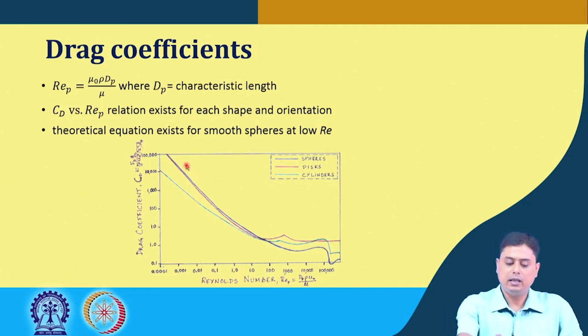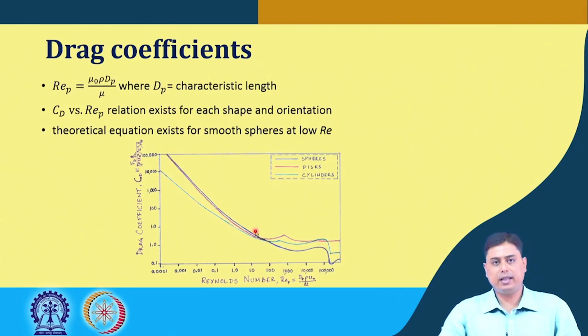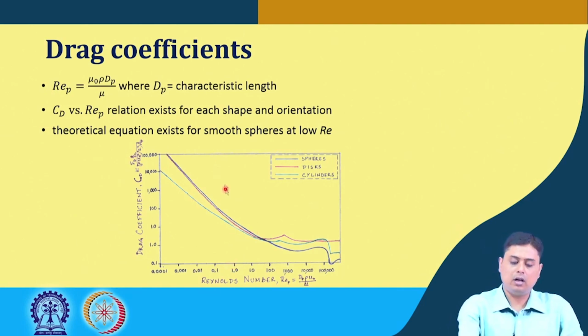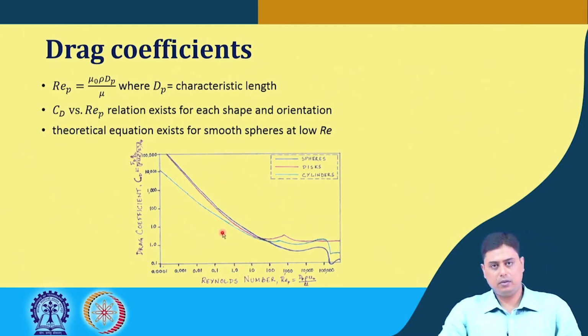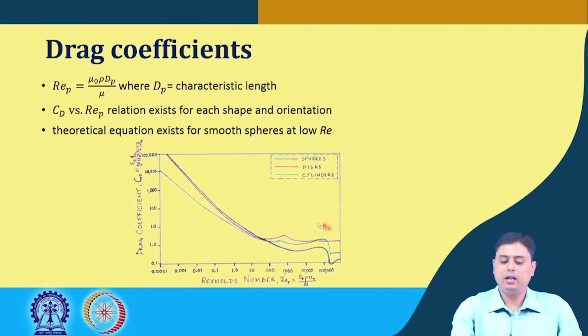We can see how complicated this relation can be for the sphere, the disc and the cylinder, but before a certain value of Reynolds number it is pretty well defined for these shapes. But when it goes beyond the range of more than 10, the scenario becomes more and more complicated.